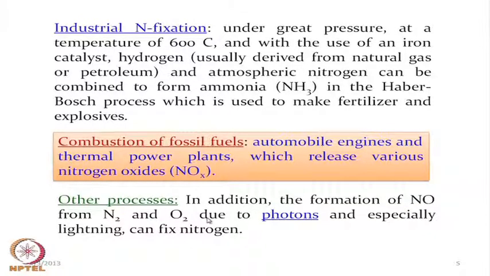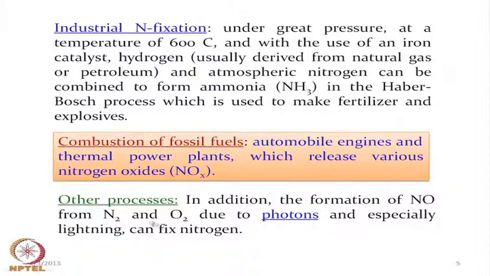And there are also other processes which can form nitrogen oxides from the N2 and O2 present in the air and atmosphere, particularly in the upper atmosphere, when plenty of photons are available from the sunlight.